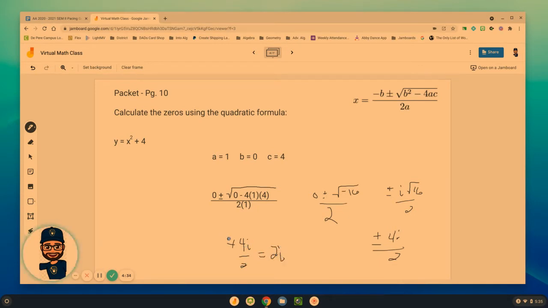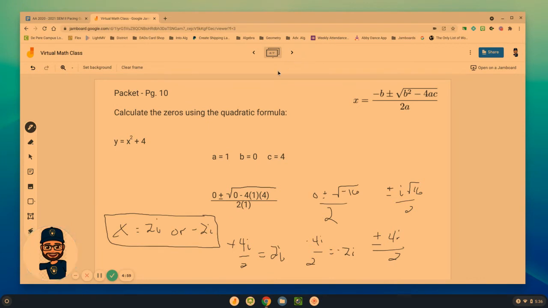If we do that with the negative 4i over 2, we get negative 2i. So x could equal 2i or negative 2i. So we got 2 imaginary answers in our last example here.